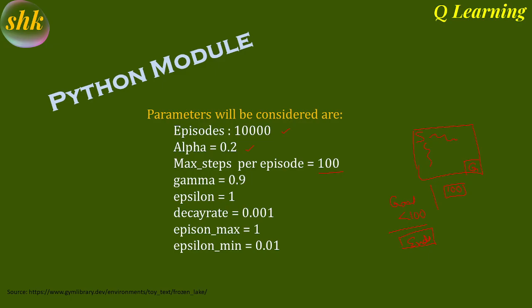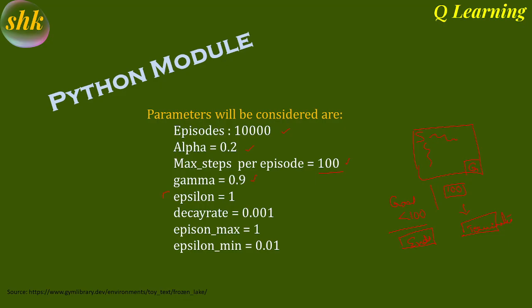Otherwise, even after taking 100 steps, if the agent has not reached the goal, then the episode will be terminated. So these are the two cases: one is reaching the goal within the steps the user selects. Here I have selected 100 steps. Within the 100 steps, if the goal is not reached, then that particular episode will be terminated. Next, the discount factor is 0.9.